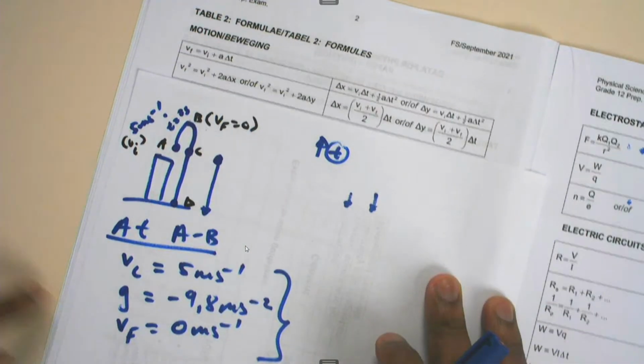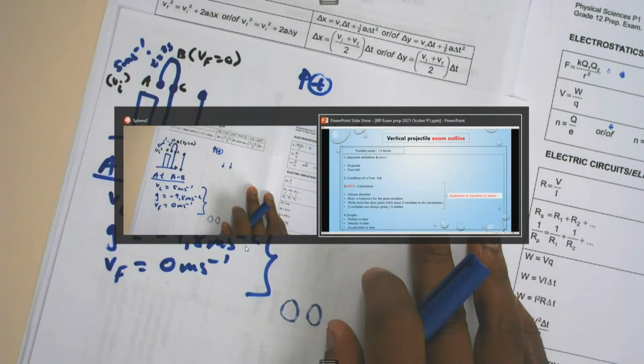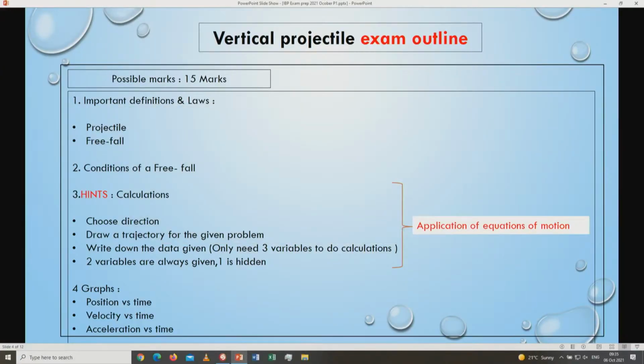So the idea is 2 variables will be given, one will be hidden. The one that is hidden, that is where the science comes in. So once you are able to identify the 3, believe you me, everything will work out best. Because if you cannot identify the 3, automatically you will not be able to answer correctly.